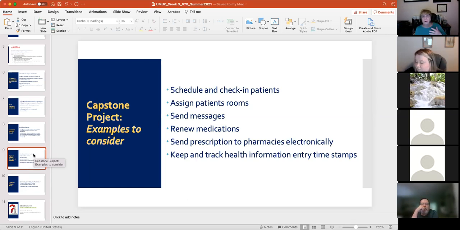Make a phone call, whatever. The point is, you want to make sure that it is a smooth process, depending upon the type of facility you're working with. In other words, renewing medications is very important if you are running a diabetes clinic. Okay, all right. Sending prescriptions to pharmacies electronically. This is known as CPR.